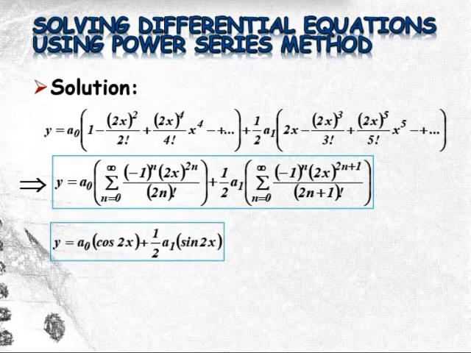And from our previous discussion with respect to Taylor series, you can say that a sub 0 must be multiplied by a cosine function, that is cosine 2x, meaning the even powers is actually equivalent to cosine 2x using the idea of Taylor series, while the odd expression is equivalent to sine 2x.